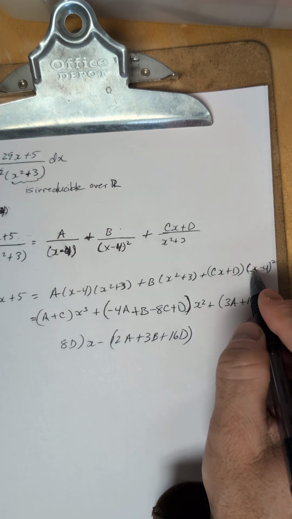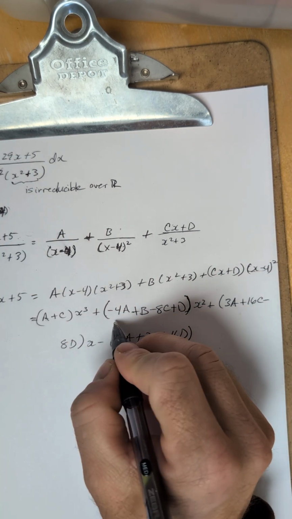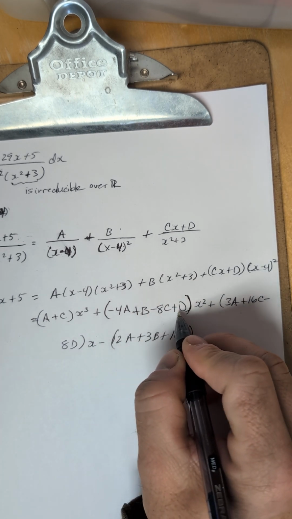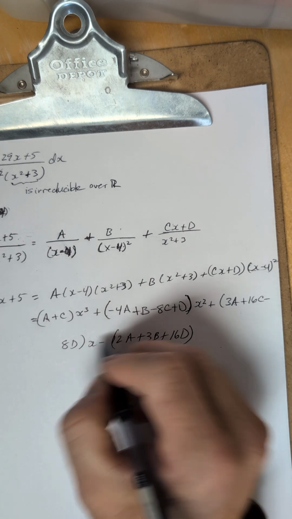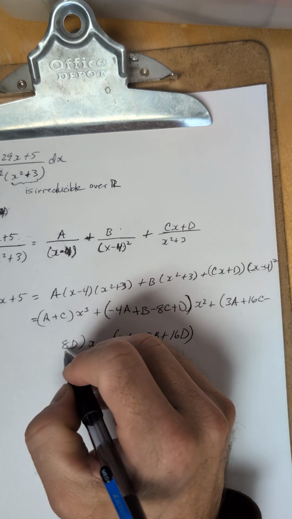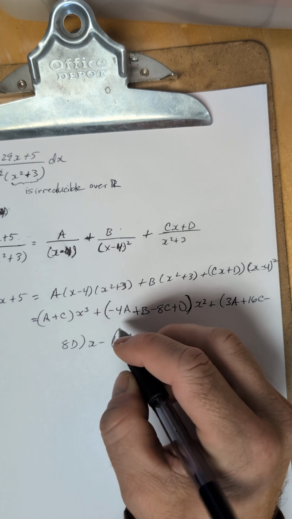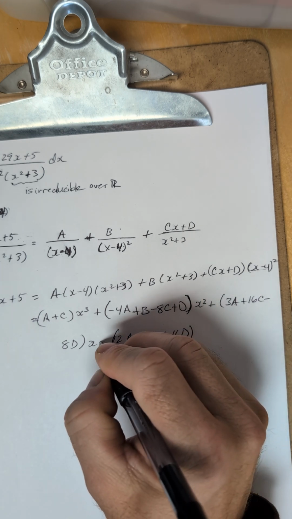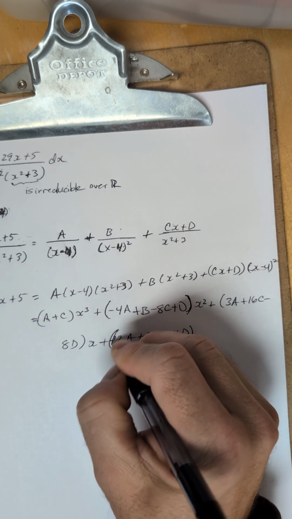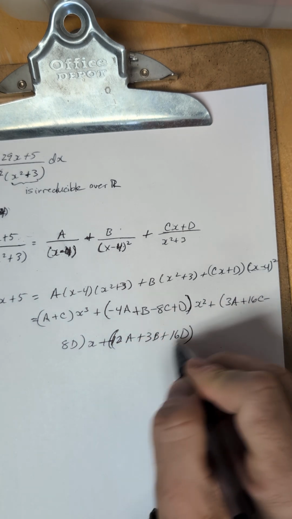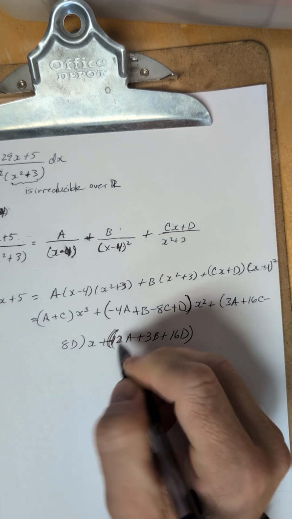You're going to get an x times an x squared, which gives us the C. Okay, likewise, the coefficients for x squared are negative 4A plus B minus 8C plus D. The coefficients for x are 8A plus 16C minus 8D, and the constant terms should be minus 12A plus 3B plus 16D.